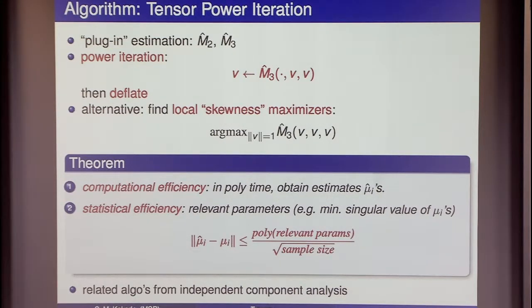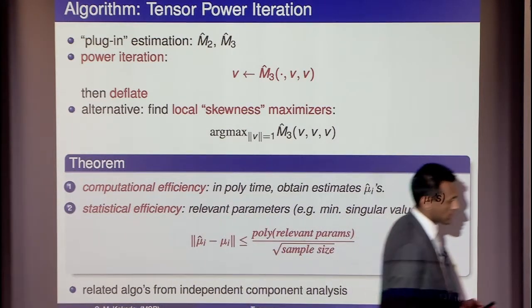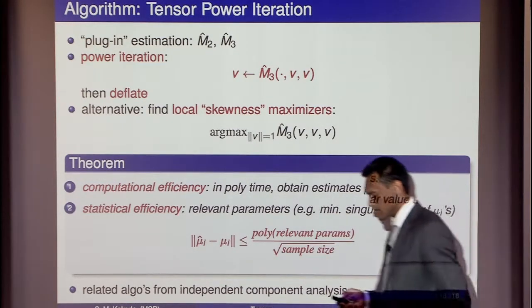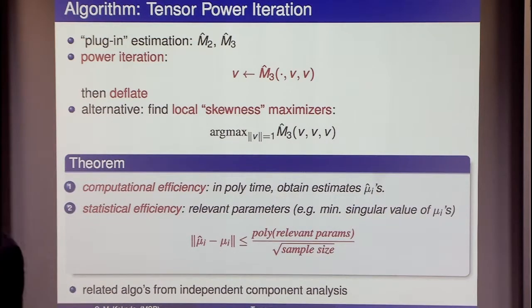So in this method, you're trying to find the maximum eigenvalue, singular value, right? Your tensor is symmetric, I think, right? Mm-hmm, your tensor is symmetric. We want to find all of them, not the maximum. That's right, but because you take the argmax, you're trying to find the maximum one.